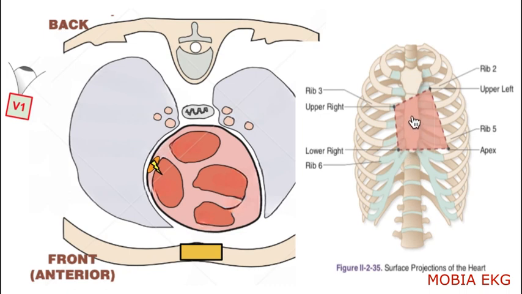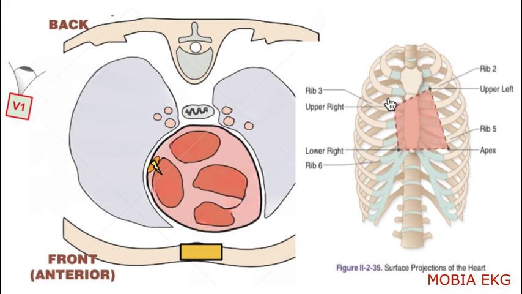The junction of the sternal body with the manubrium creates a bony prominence in the front and upper part of the chest, located at the same level as the second rib. By finding this angle, we find the second rib, and under it we can find the second intercostal space.